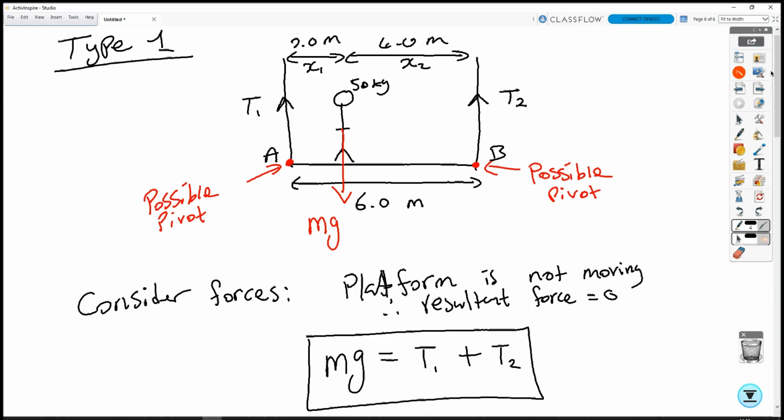So this time it's going to be mg x2 is equal to T1 times x1 plus x2.